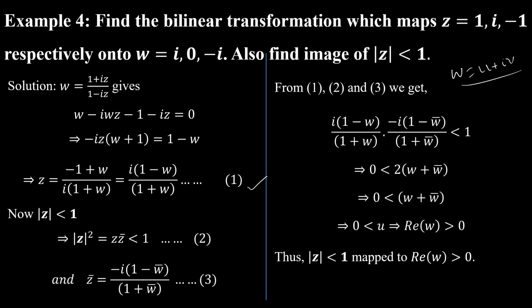So in this case, mod z less than 1 is mapped to the real part of w, that is u, which is greater than 0. In this way, we have obtained the bilinear transformation for the given points, and after finding the bilinear transformation, we have mapped the circle.